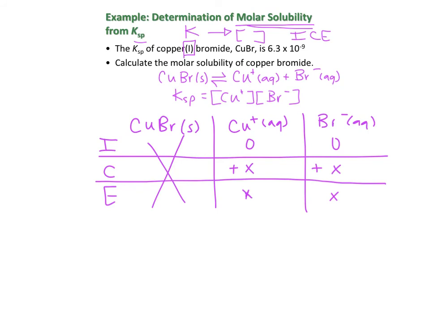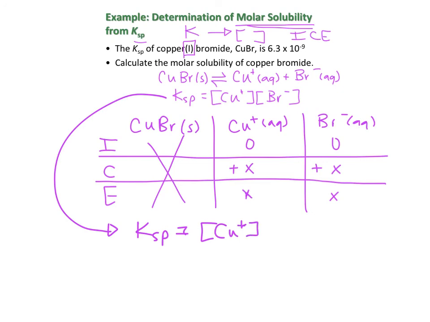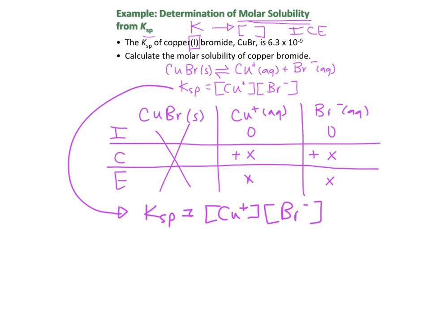And now we can set up and plug into our expression. Ksp equals our Cu plus, so just so that we can compare it right above it, we have that, right? We are going to fill in our equilibrium concentrations into those unknowns, those variables that we have.